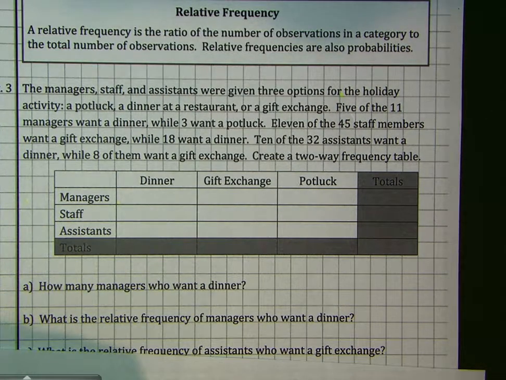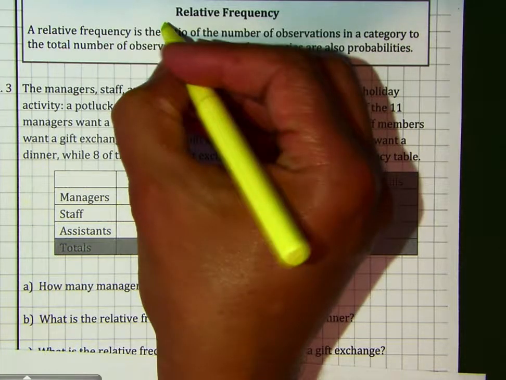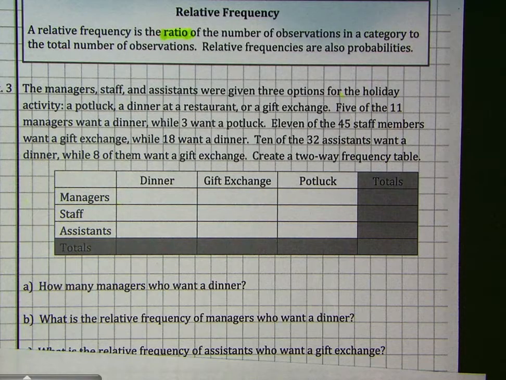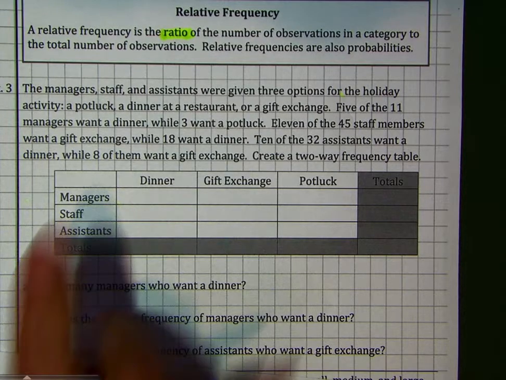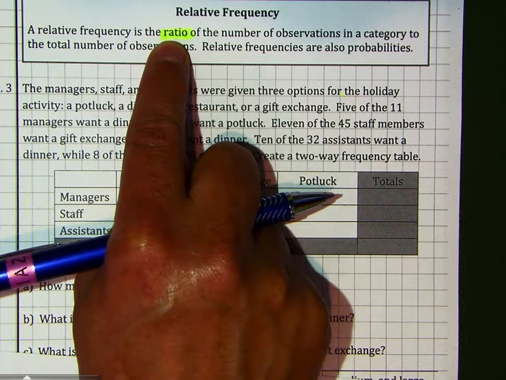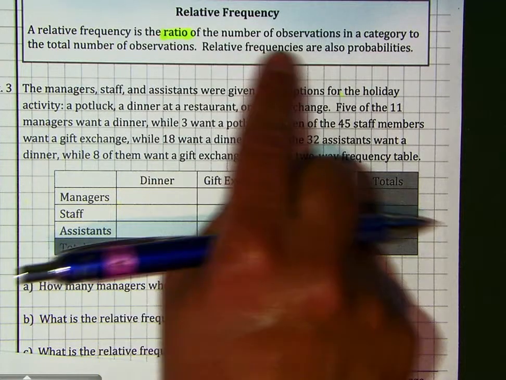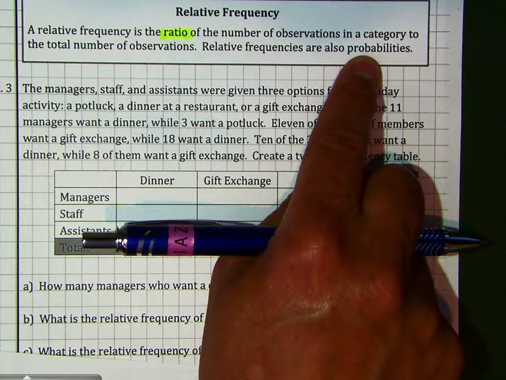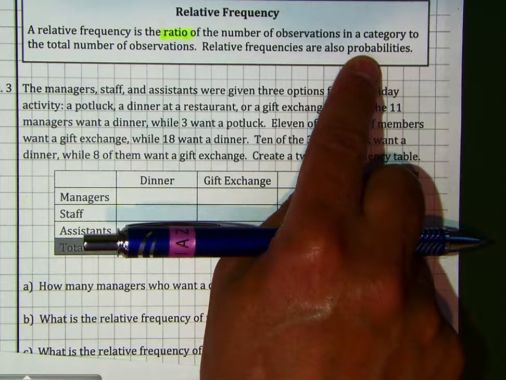So something that you need to kind of remind yourself is, what is the ratio? A ratio is a fraction. So therefore, when we are working with relative frequency, we're going to have a fraction, and we're going to represent that frequency as a probability. So therefore, it's going to be a percentage.